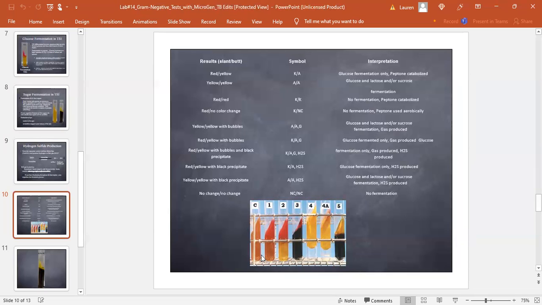Now, knowing what number one looks like, tell me how to interpret number two. So number two will have glucose in the butt. Glucose in the butt, yep. And what happened to that glucose? The glucose was able to have fermentation. Yes, it was able to be fermented.